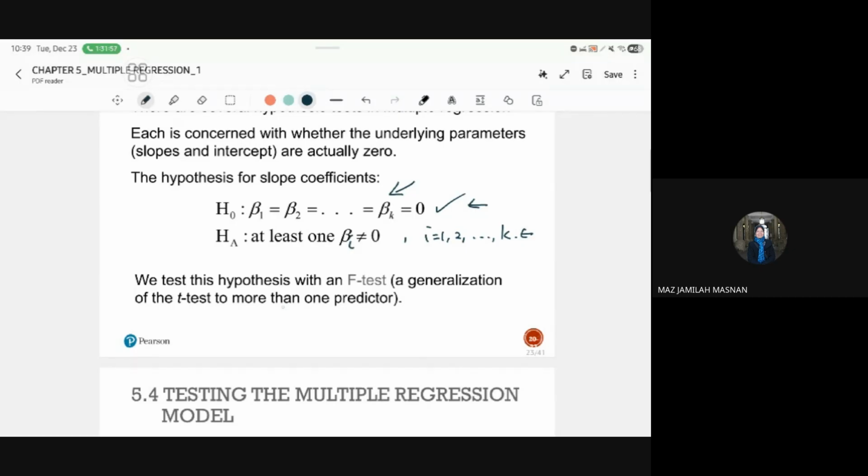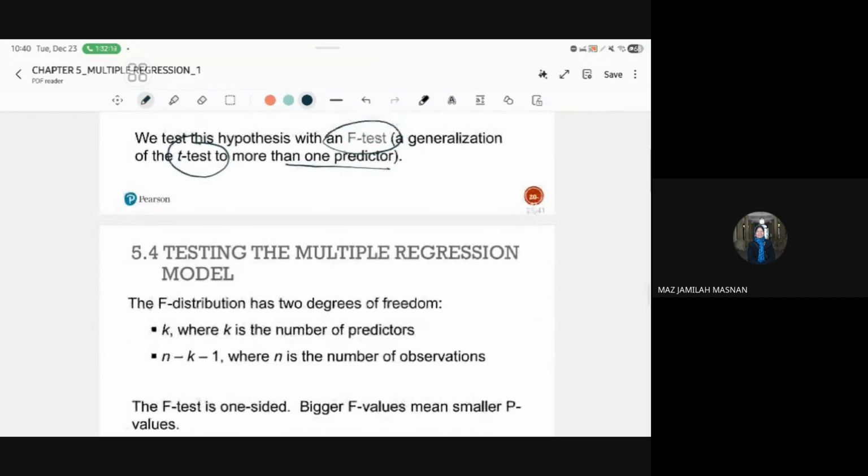If you are talking about one predictor, you use the t-test. If you are talking about more than one predictor, then we are going to use the F-test. In terms of the statement of hypothesis, you just add more beta in your statement. That's it.